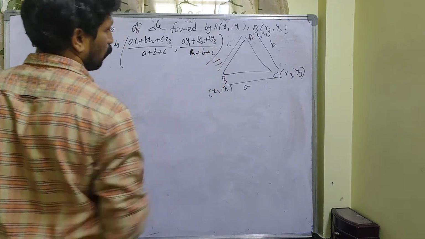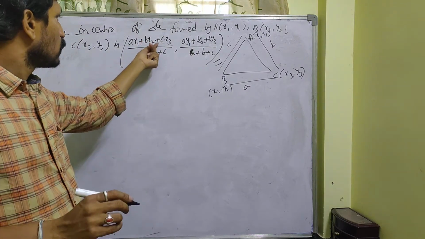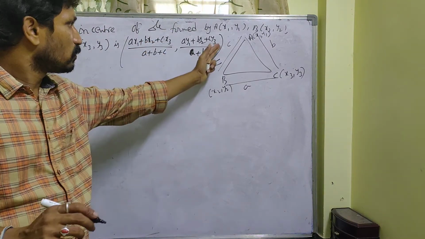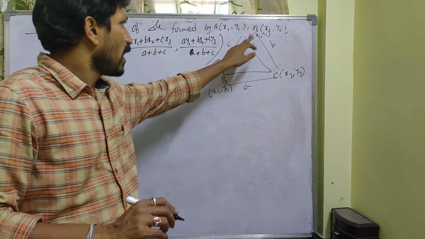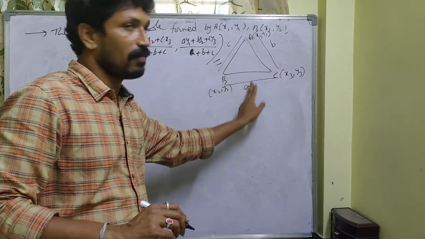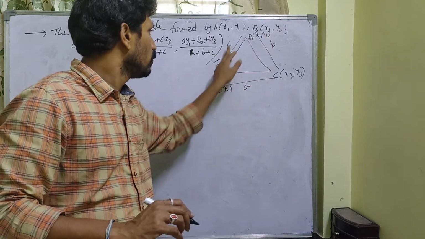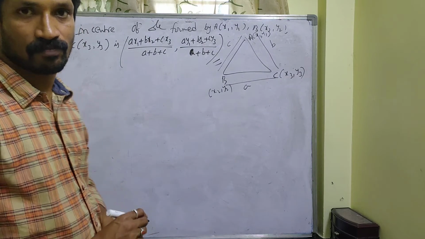This is very very important. See here, x coordinates one side, y coordinates one side. Just a x1 plus b x2 plus c x3 by a plus b plus c, and a y1 plus b y2 plus c y3 by a plus b plus c.